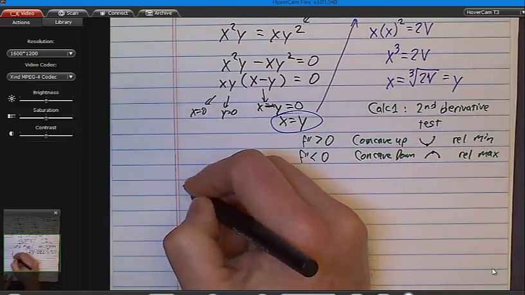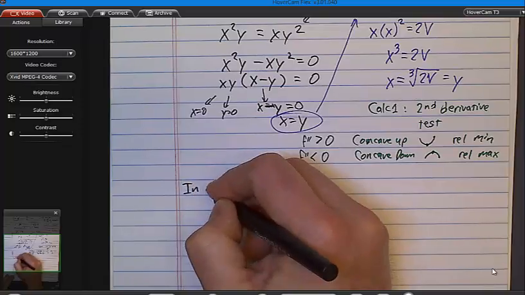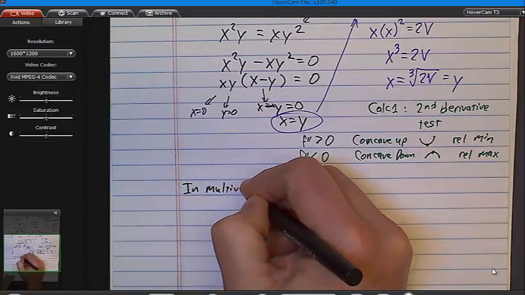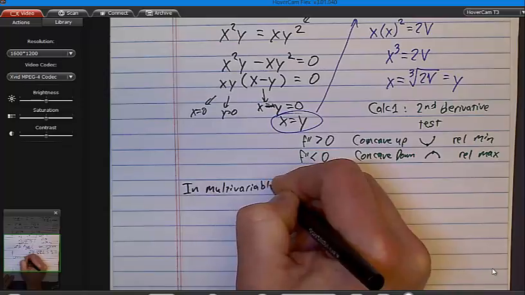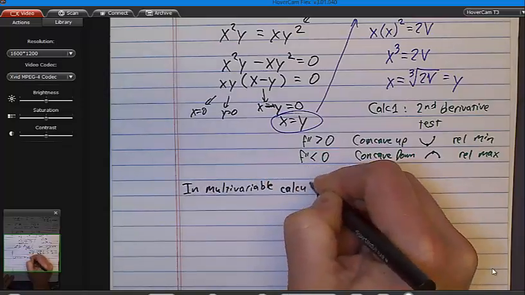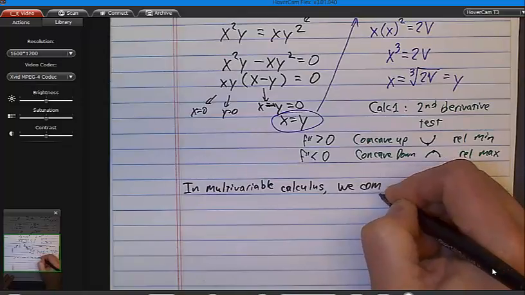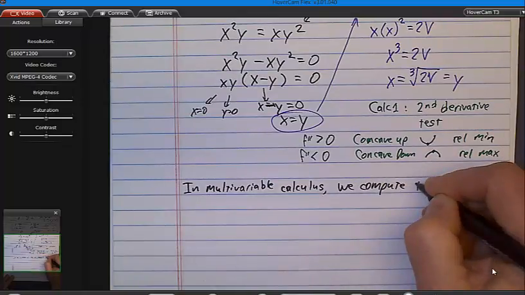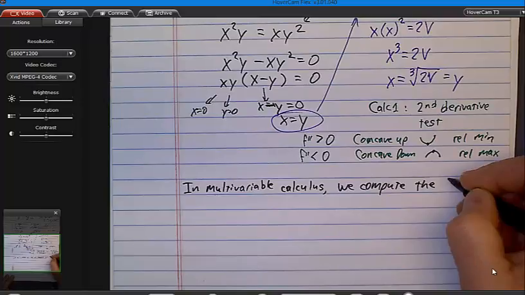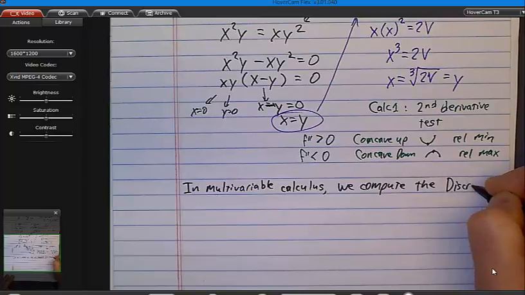But the idea is, okay, so in multivariable calculus, we compute the discriminant, is what our book calls it.